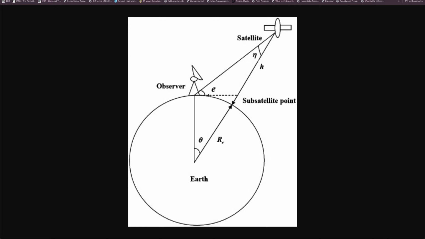Because really what they need to do is be able to use trigonometry, but it would need to know a side length, right? It would need to know the height of the satellite above this subpoint, but then it would need that angle there to match it. So this angle here would have to match this here, right? How is it going to match that there?